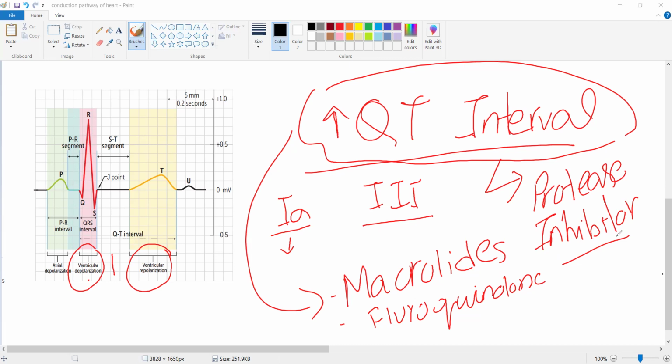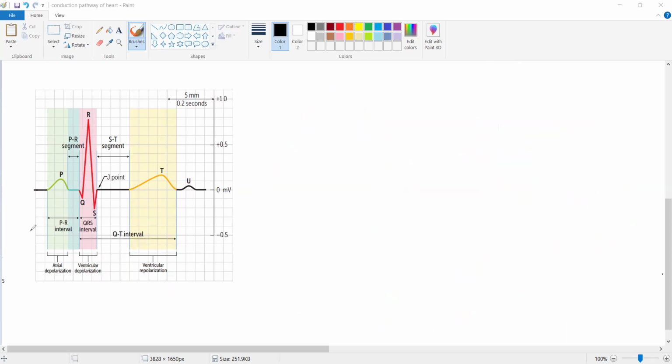Can anybody tell me any congenital anomalies that increase the QT interval? I will give you a hint: some channelopathies.